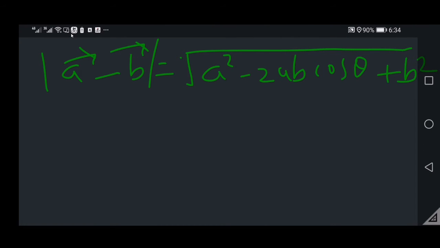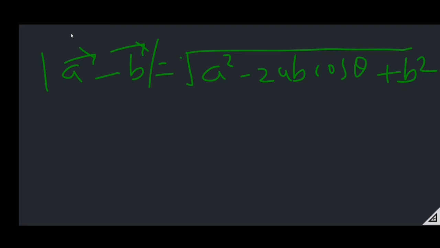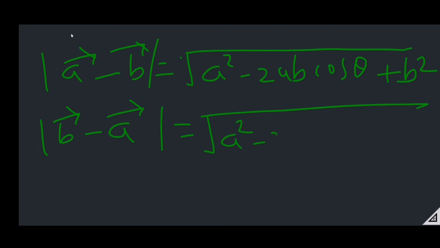Modulus of a vector minus b vector is obtained by this formula, and the formula of modulus of b vector minus a vector is also the same. It is also obtained by a square minus 2ab cos theta plus b square. So both are obtained by the same formula.